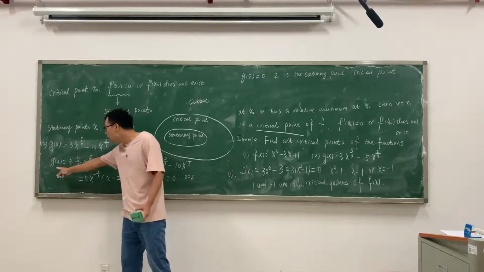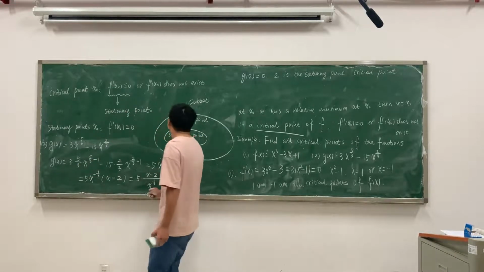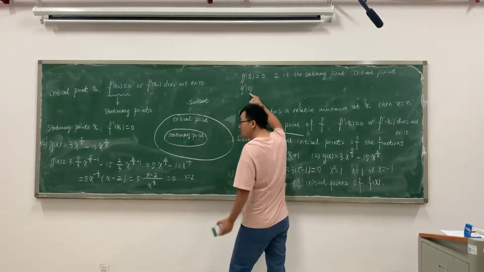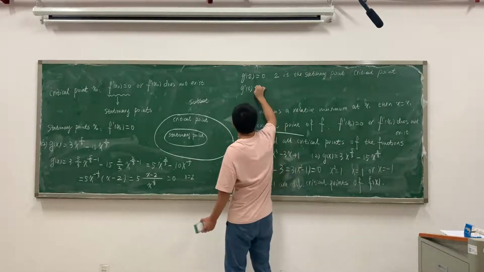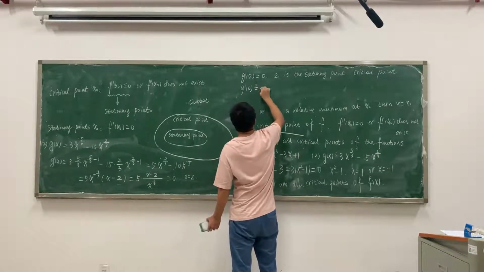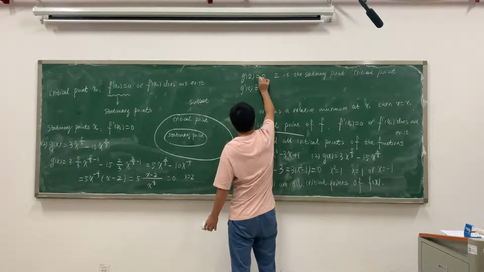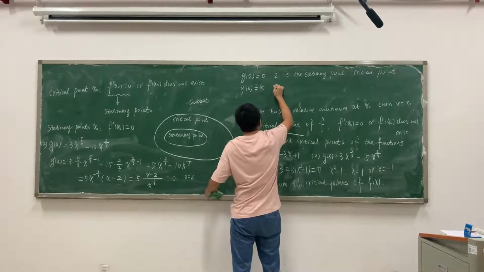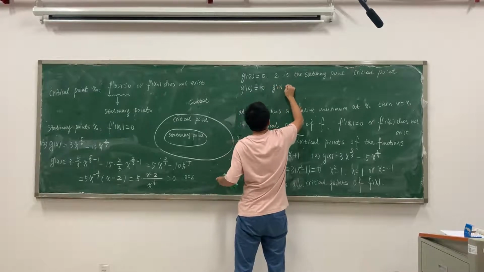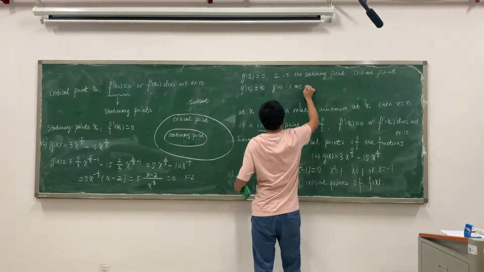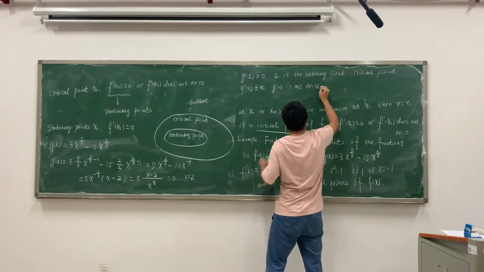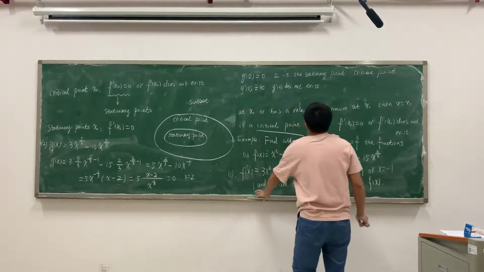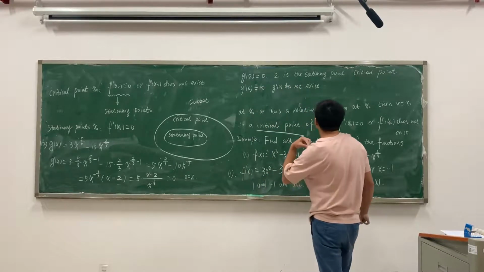Here means g prime at the point 0, this actually is equal to infinity. So here means g prime 0 does not exist.